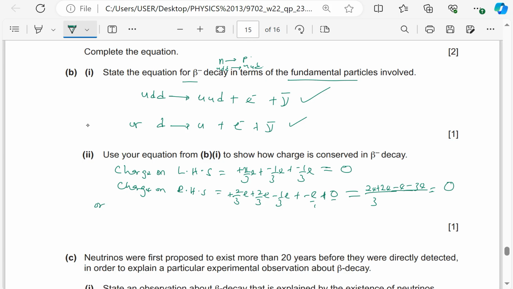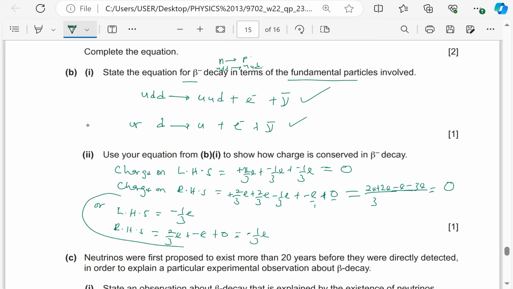Or I would look at the down quark, which is negative. I would say the left hand side is negative 1 over 3e. Then the right hand side is the up quark, which is 2 over 3e, plus the electron, which is negative e, then plus 0, which gives me still negative 1 over 3e.